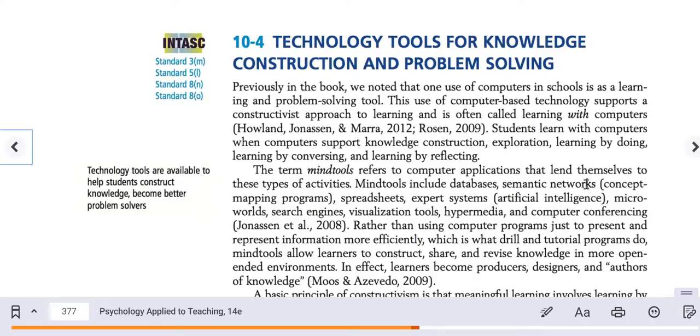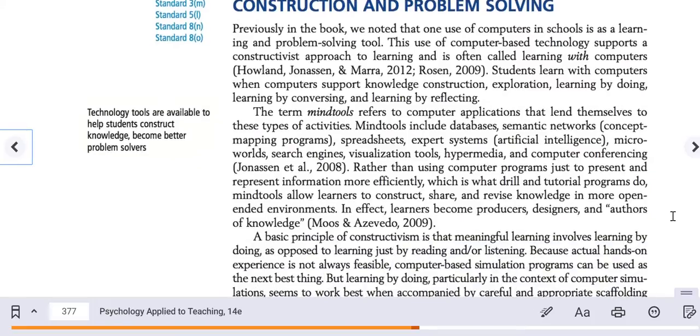reflecting. The term mind tools refers to computer applications that lend themselves to these types of activities. Mind tools include databases, semantic networks, concept mapping programs, spreadsheets, expert systems, artificial intelligence, microworlds, search engines, visualization tools, hypermedia, and computer conferencing.